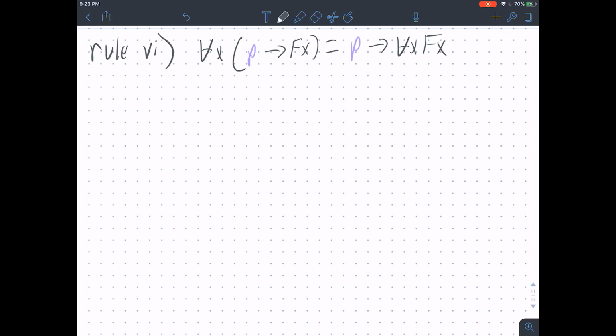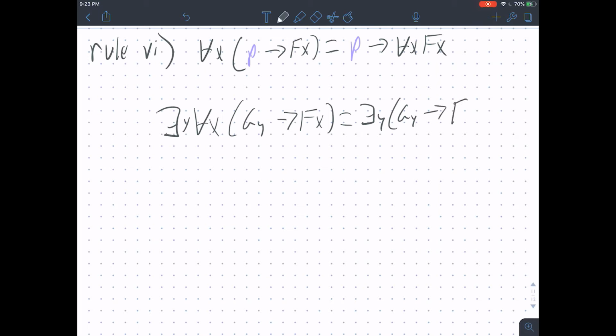And again, just examples. So if we have this, oh, wrote that wrong. And once again, this one works in reverse.